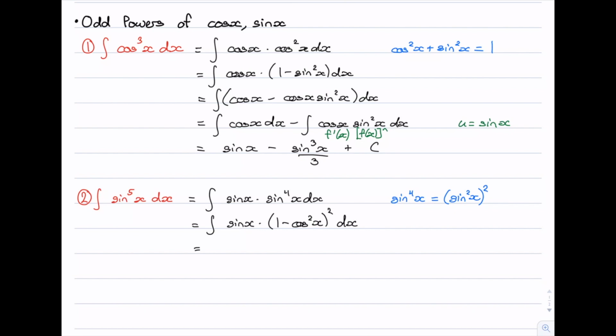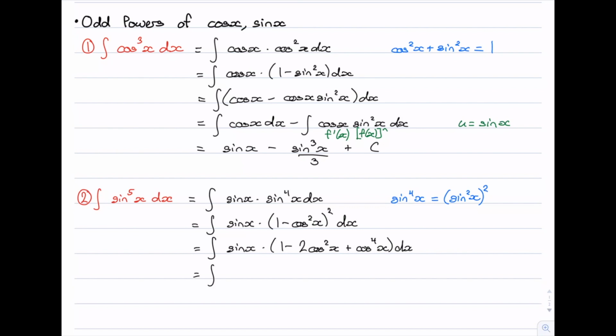Now we can expand that bracket. So we have sine x times 1 minus 2 cos squared x plus cos to the power 4 x, dx.